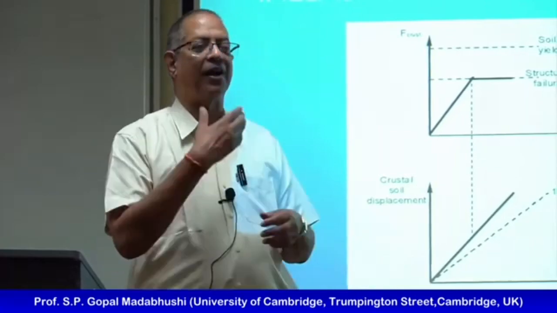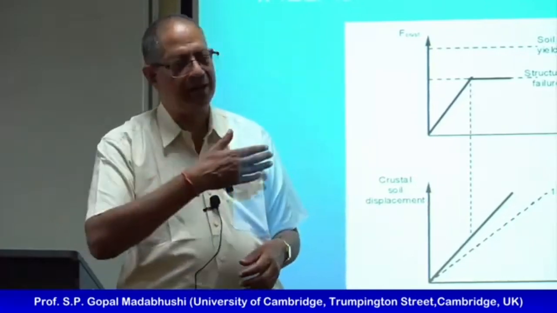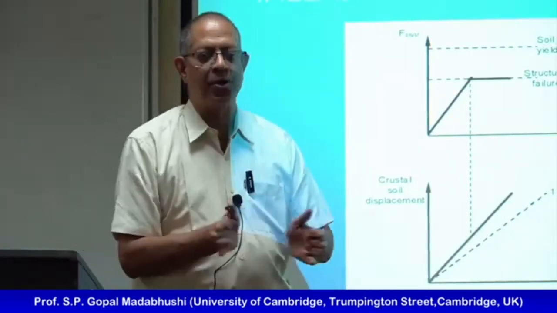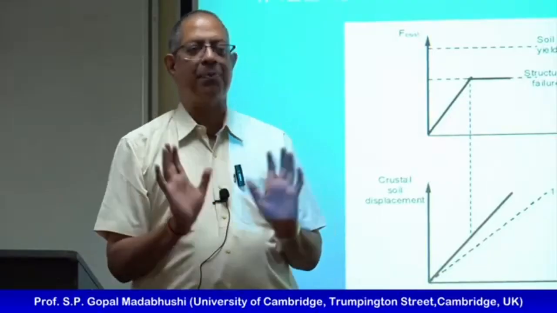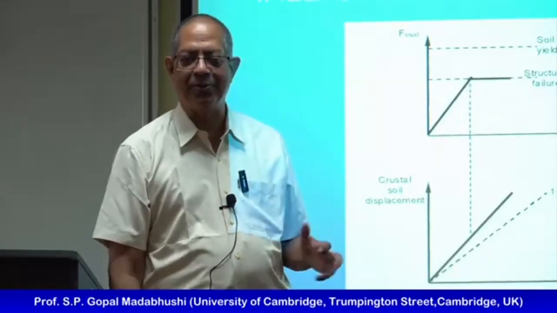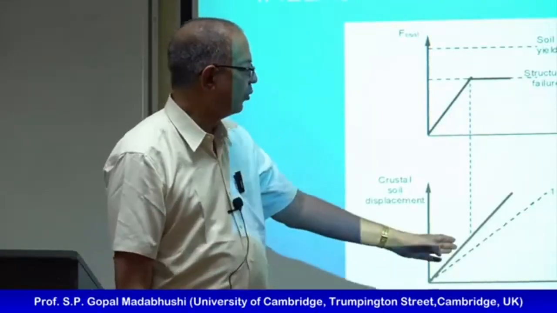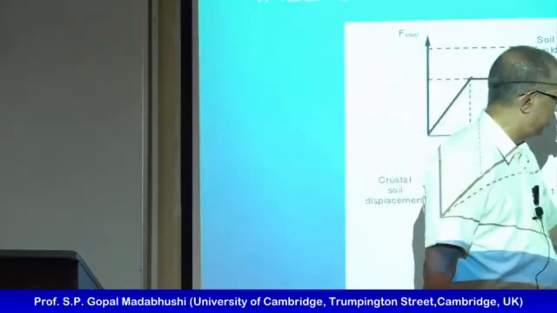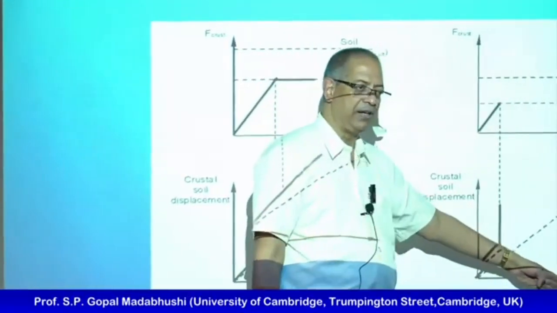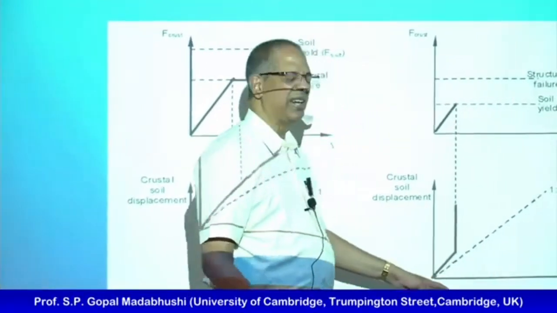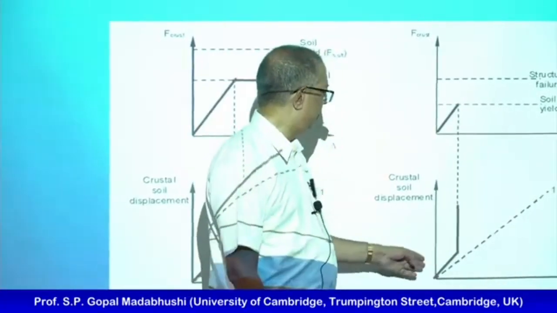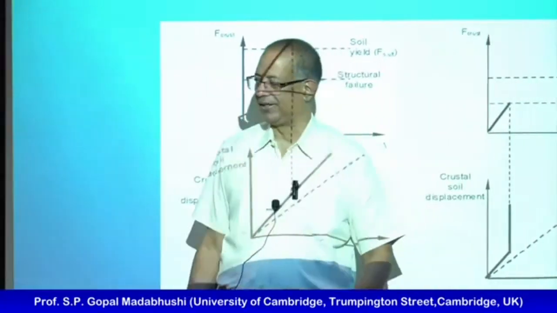So the crust will continue to deform or go down the slope, but it is just going around the pile. And the pile says, that's okay for me, I'll just sit there. So you won't get any increase in the pile top displacement anymore, while the crust displacement increases.